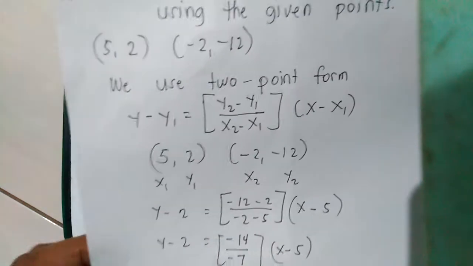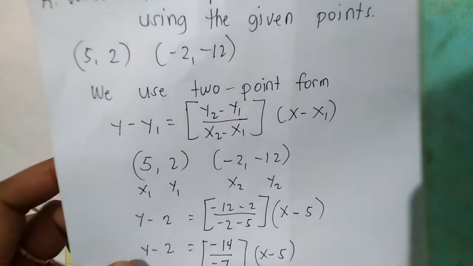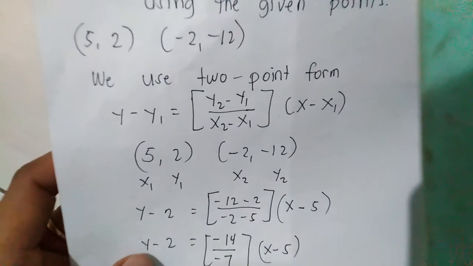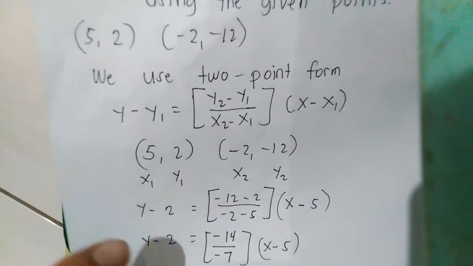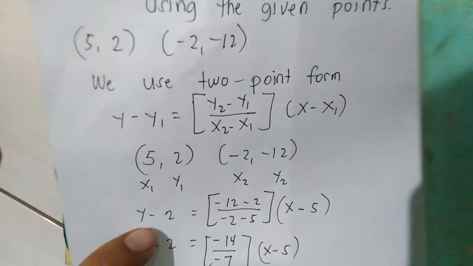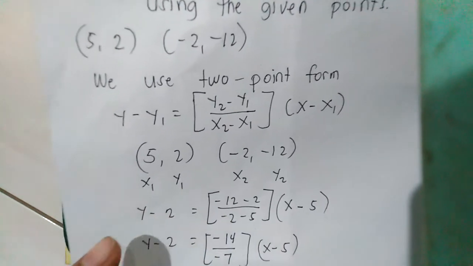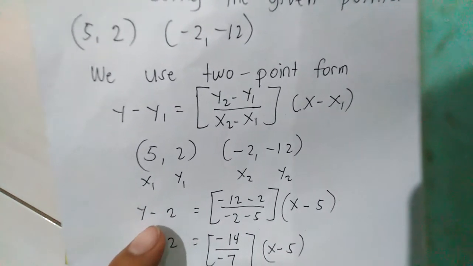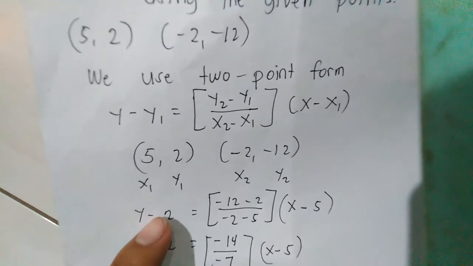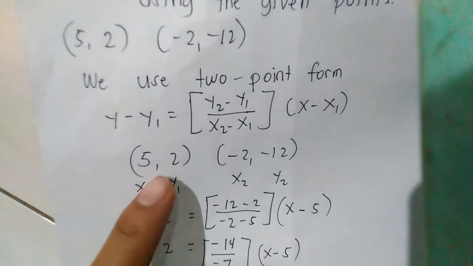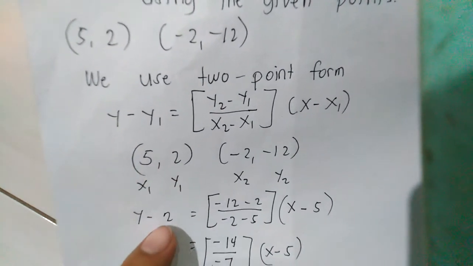So we have now this formula. Let us substitute the values of x and y. Okay? So we have y minus y sub 1. Our y sub 1 is 2, so that's why we have 2 here.